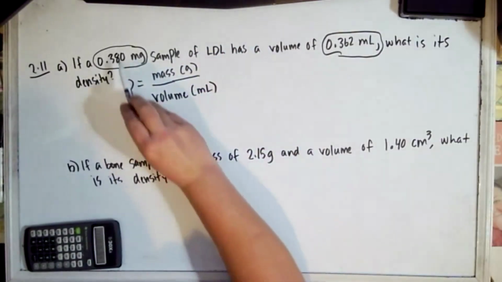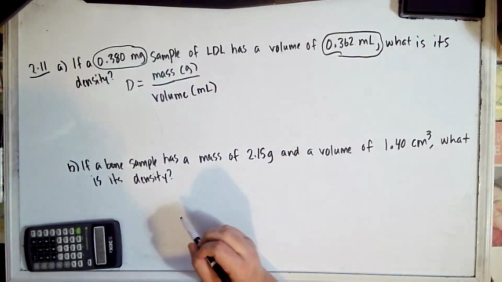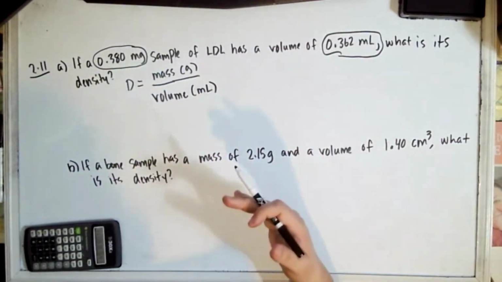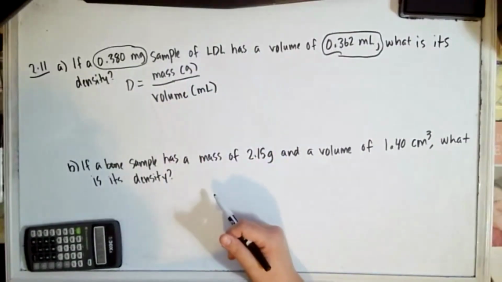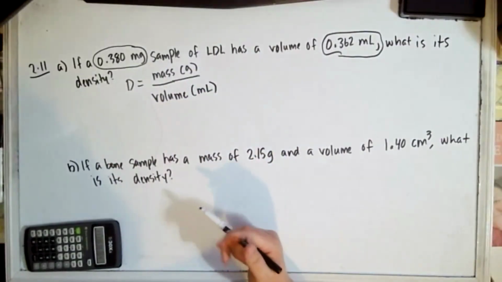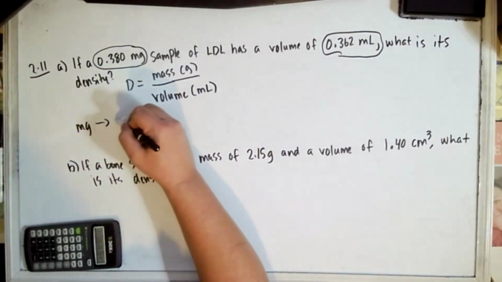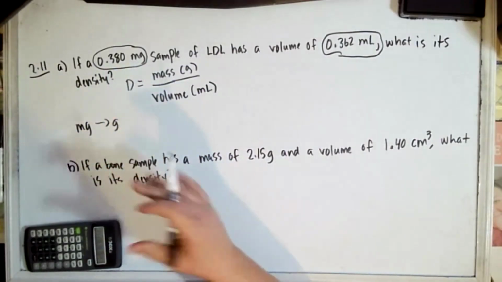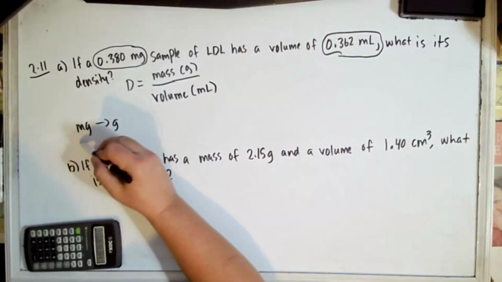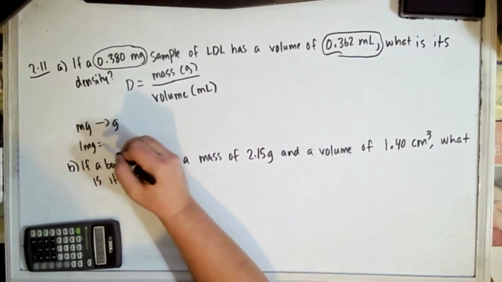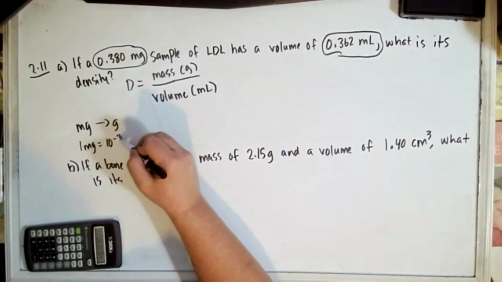And that means that you have to take your milligram mass and convert it into grams before you can use your density equation. Okay. So if I want to go from milligrams to grams, I want to set up my equality for that first. Every 1 milligram is going to be 10 to the negative 3 grams.